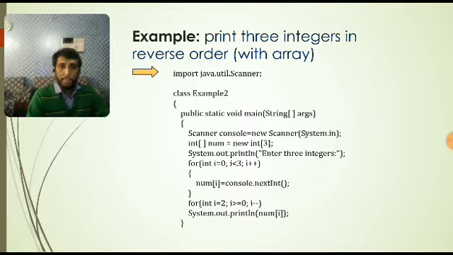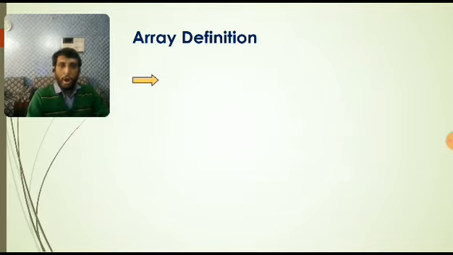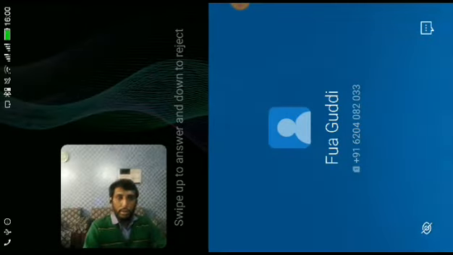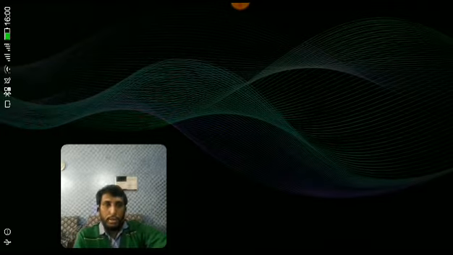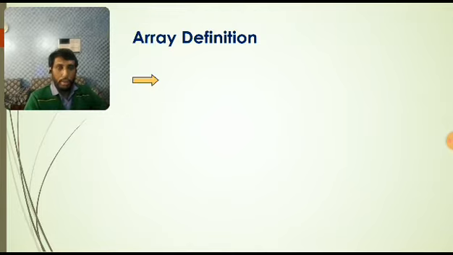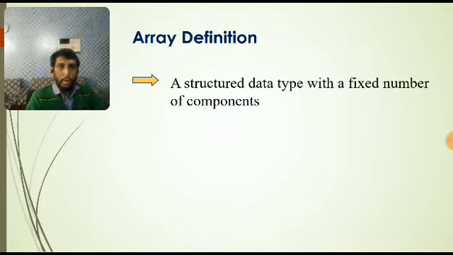But let's look at how an array can be defined. Okay, so how an array can be defined, that I'm going to explain to you. So here you look at the array definition: a structured data type with a fixed number of components.